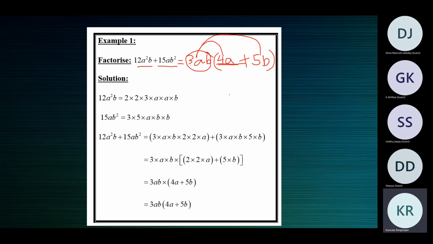If you have letters, like I told you, A cubed and A to the power 5, the least power will be the HCF. The HCF of A cubed and A to the power 5 is A cubed. HCF will be the least power, and LCM will be the highest power. The LCM is A to the power 5.